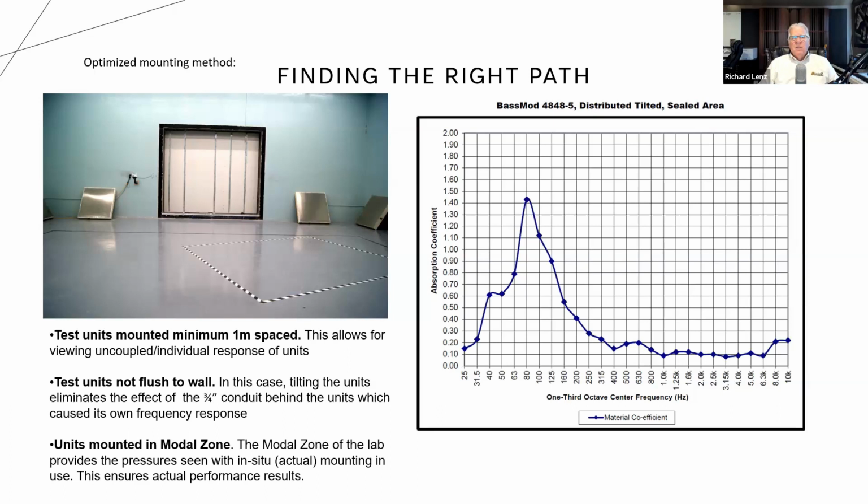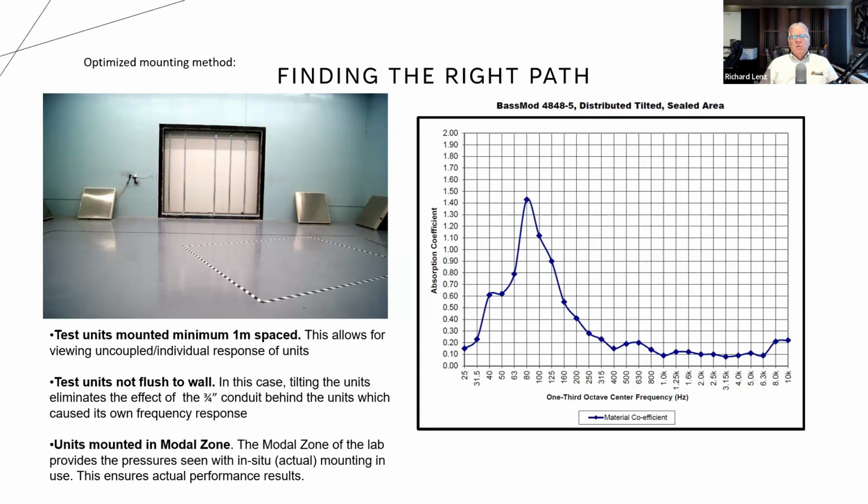That made a world of difference. It's really interesting because you would think that being closer together would actually increase the performance of the units. It did not. What it did was create test data that shows us what the individual units are doing by themselves, which actually makes them more efficient.